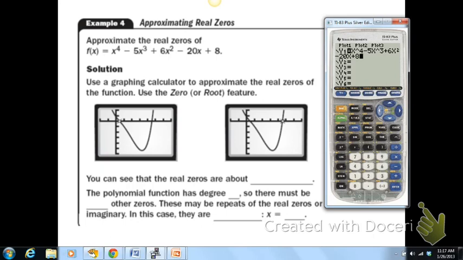Once you have it in there, we want to try to graph this in a window where we can see the x-intercepts of the graph. So the shortcut, if you remember, is to hit the zoom button. And if you go to zoom, the sixth option is the standard window. I'm going to hit enter on the standard window, and this is what I get.